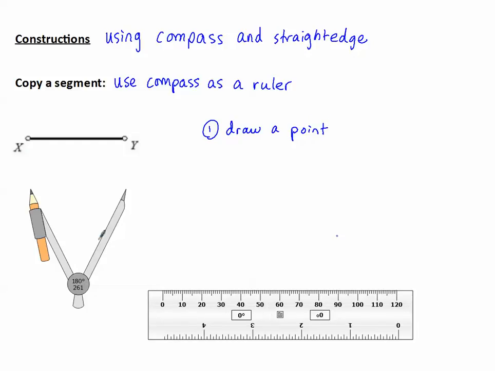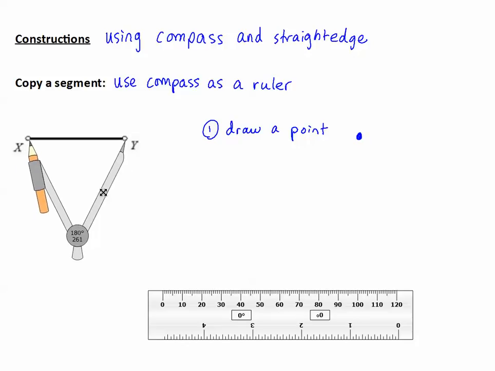Now, I realize that you might not have a compass with you, and that's okay, but you can at least take note of what we're doing. So I'm going to draw a point. Now I'm going to measure the segment that I have right here. I see that that segment goes from that point to that point. I don't have to know anything except keep my compass that same amount.